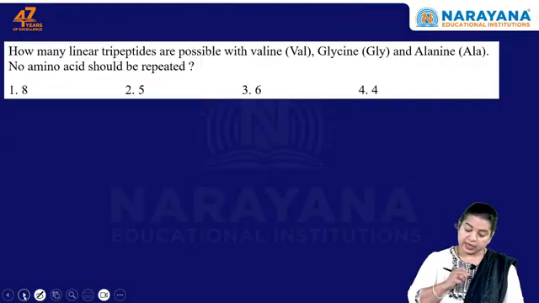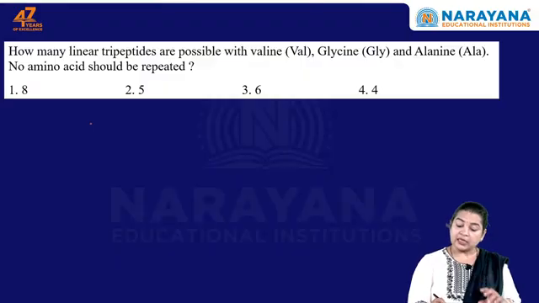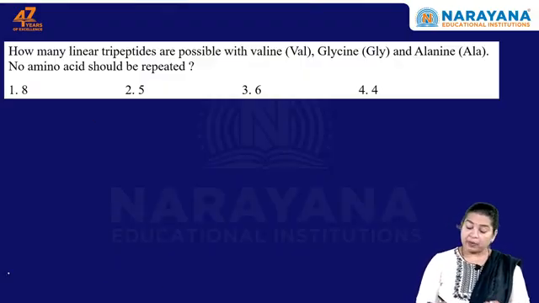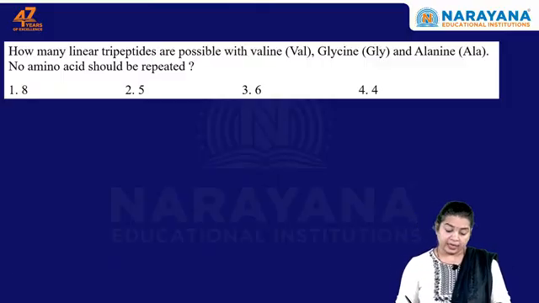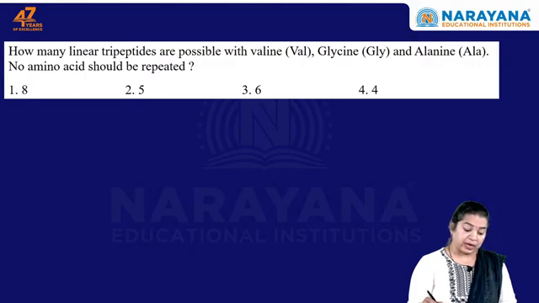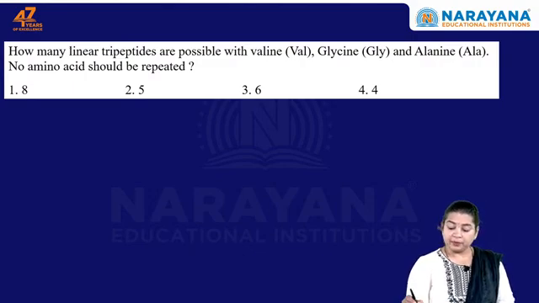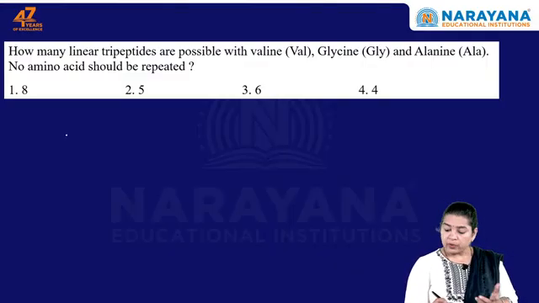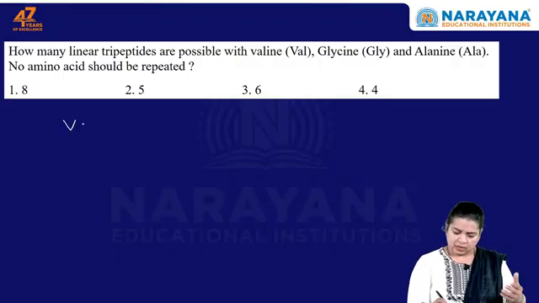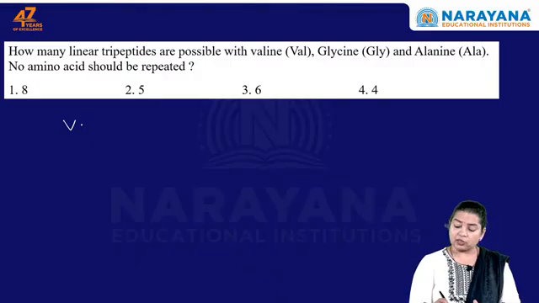Okay, let's move to the next question. How many linear tripeptides? A tripeptide should have 3 amino acids and 2 peptide linkages. How many linear tripeptides are possible with valine, glycine and alanine? But the condition is no amino acid should be repeated. You can go by the permutation combination formula, or by simply writing all the possibilities like V, G, A: valine, glycine, alanine.